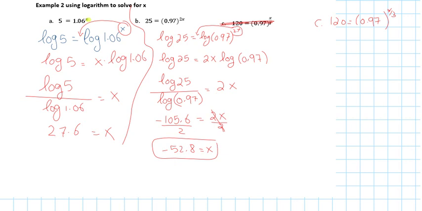It's multiplied by 2, and then it turns positive. You get 24.94, good. Yes, because if you look in the equation, it's 0.97 to the power of 2 times x, so 2 times whatever you got here. You got 25? Fine. Put brackets around the 2 times negative 52.8.